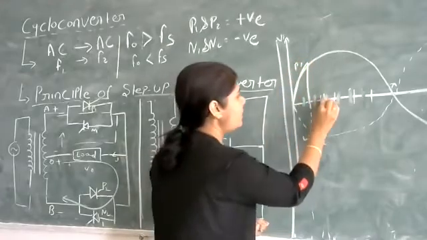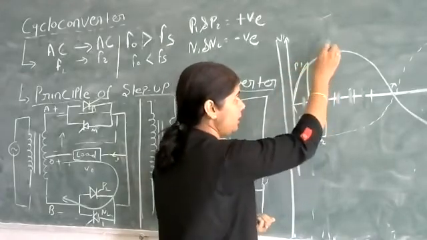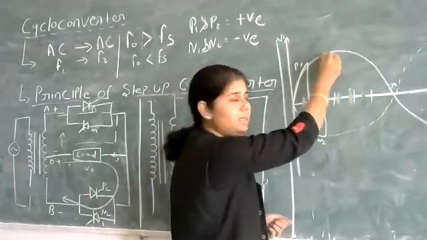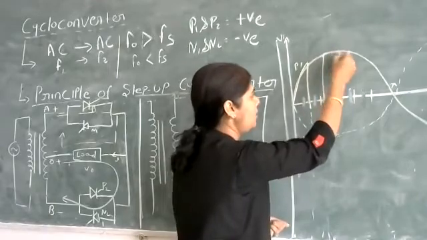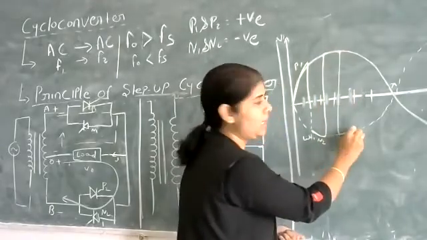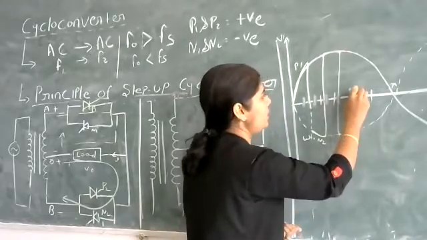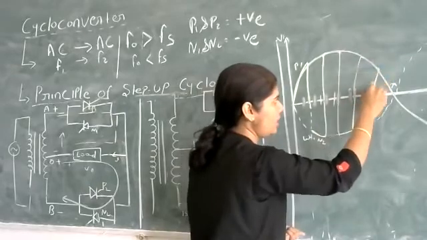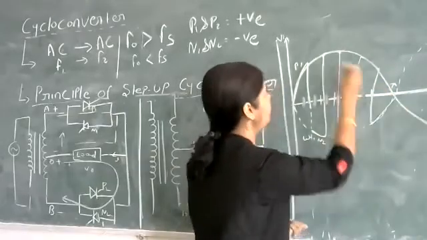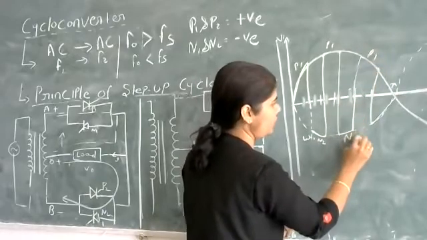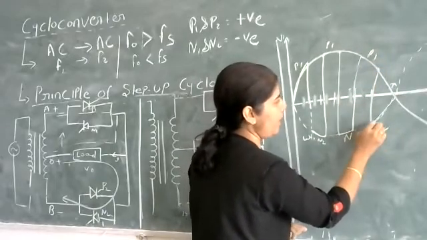After that we repeat the same sequence: P1 again, then N2 again, then P1 and N2 again.